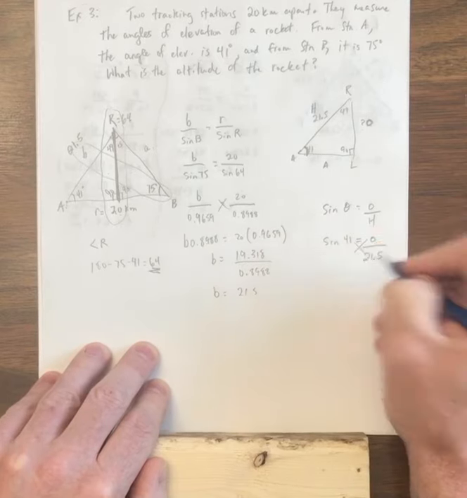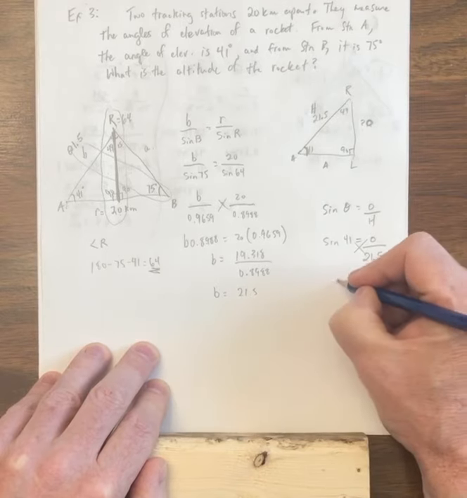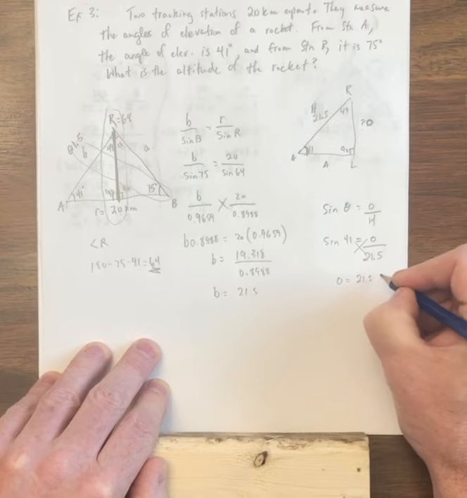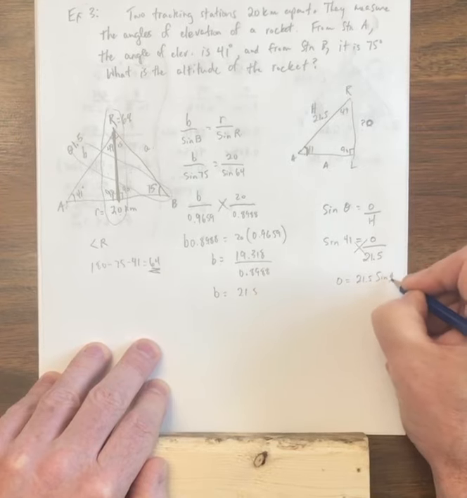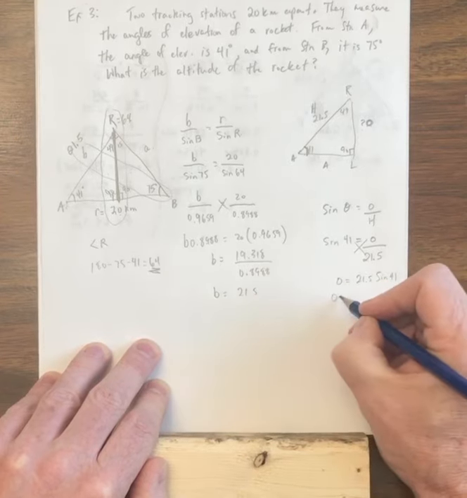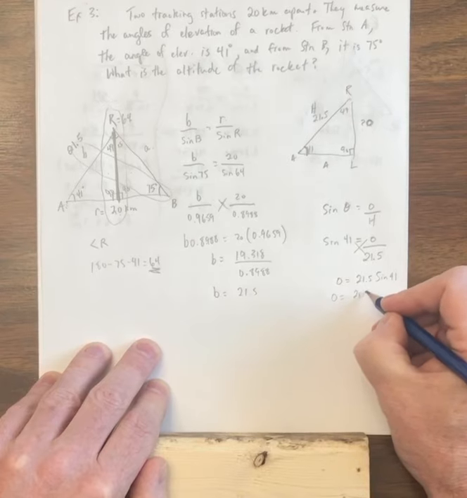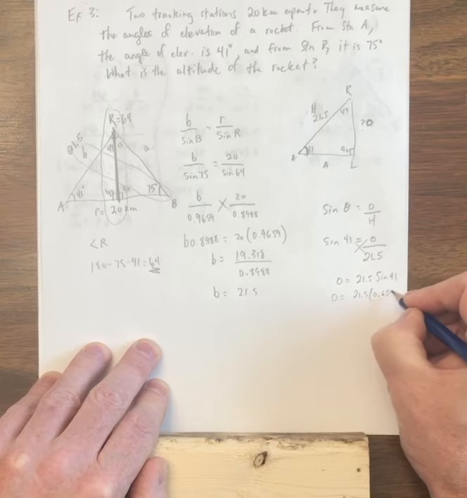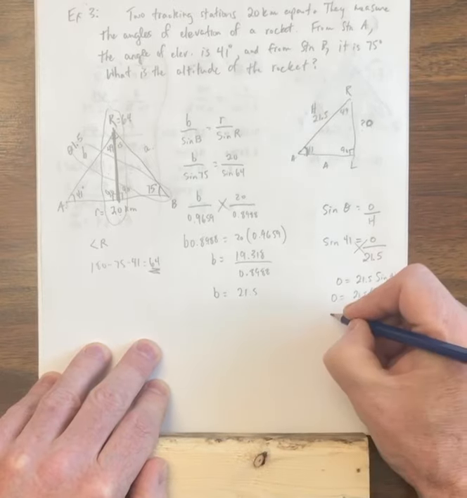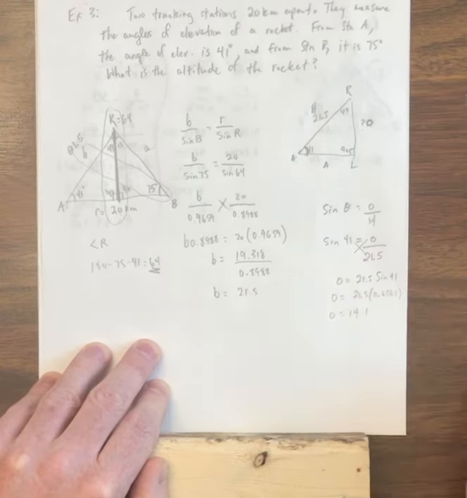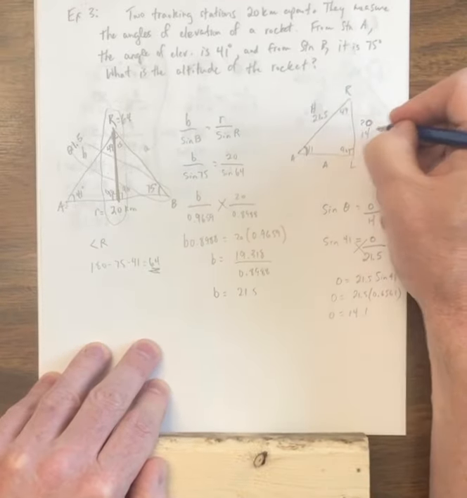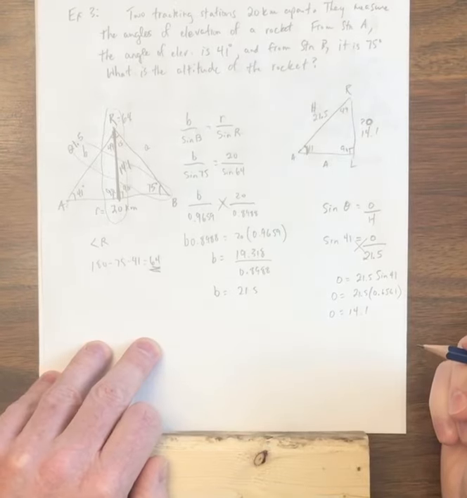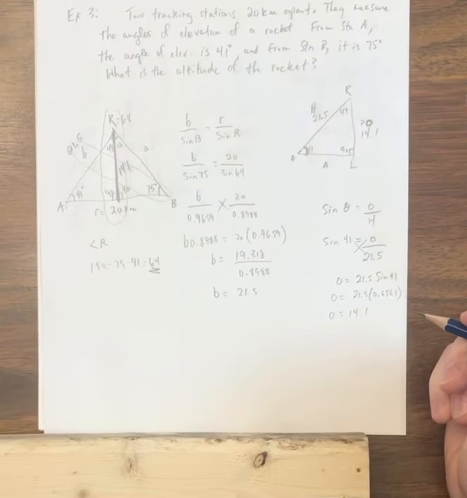Cool. Doing some cross multiplying, we get O is equal to 21.5 times sine 41. O is equal to 21.5 times 0.6561. O is equal to 14.1. So we know that this rocket is 14.1 kilometers into the air.